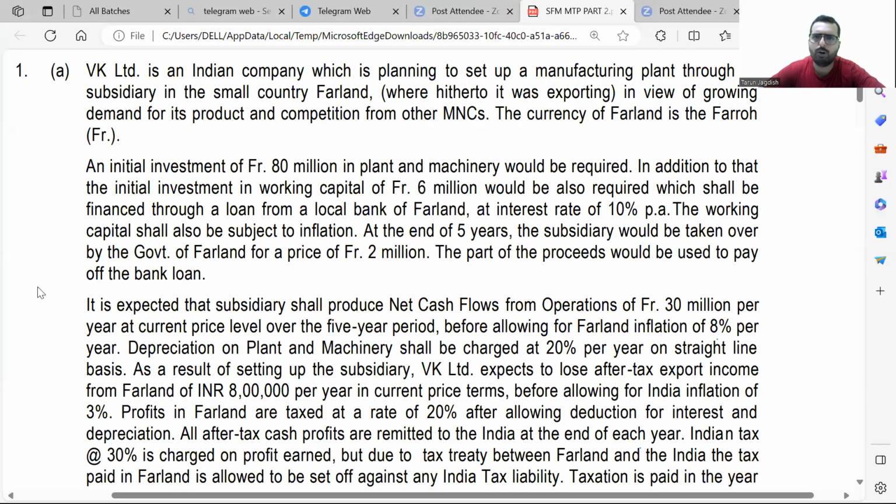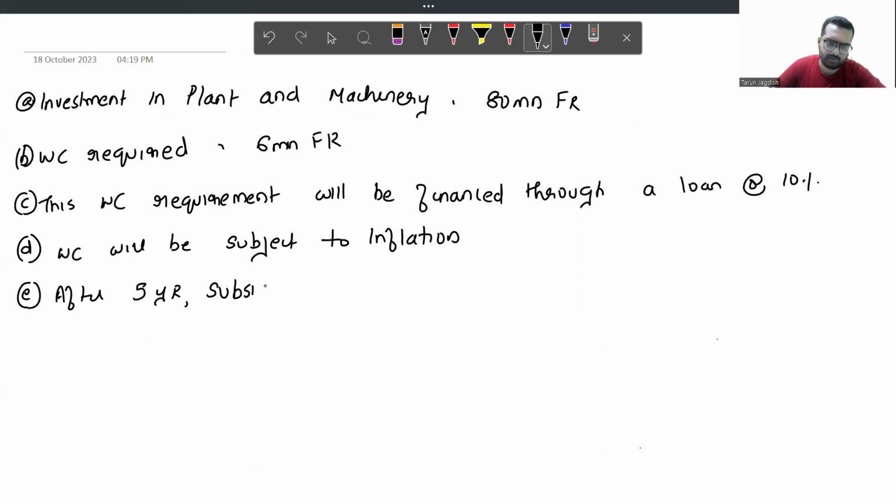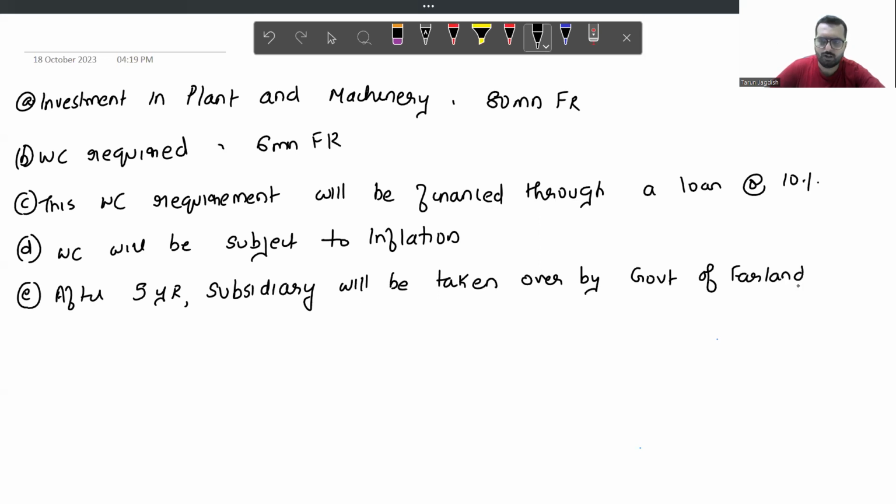They have told that at the end of 5 years, the subsidiary would be taken over by the government of Farland. After 5 years, the subsidiary will be taken over by the government of Farland.